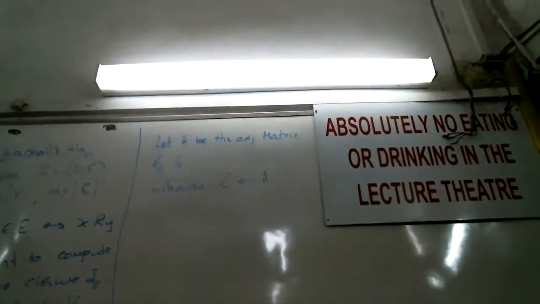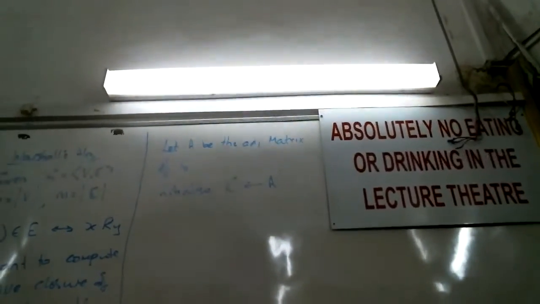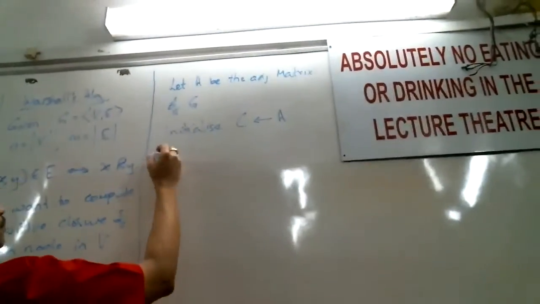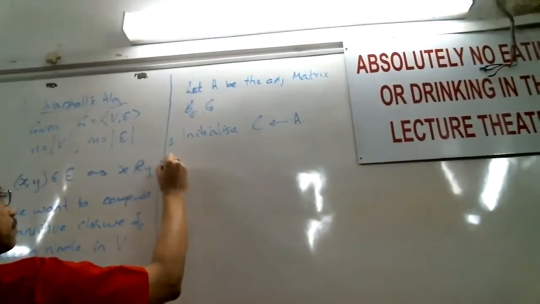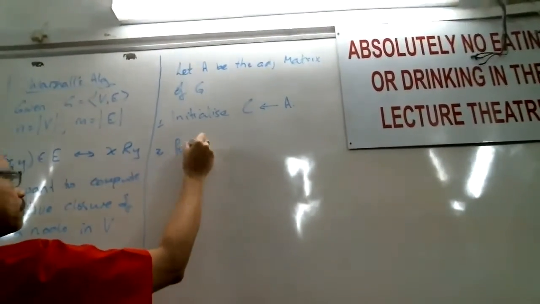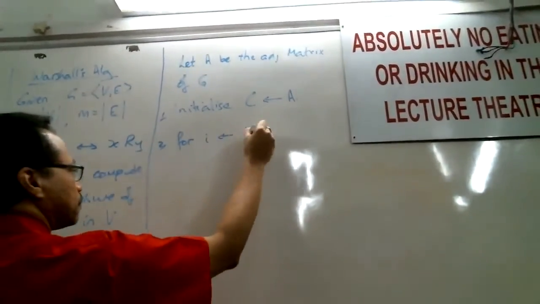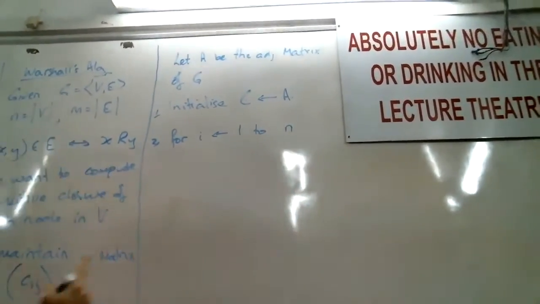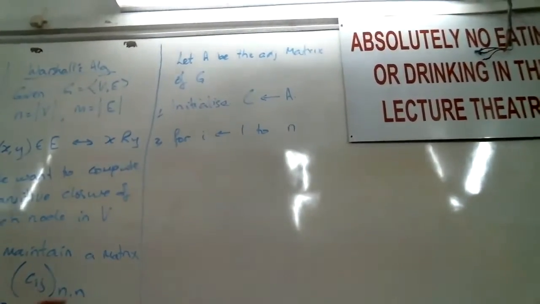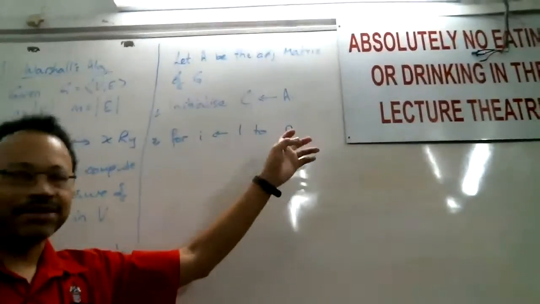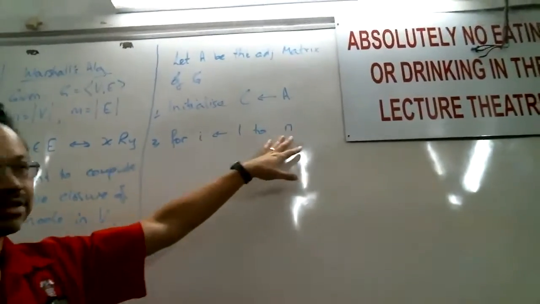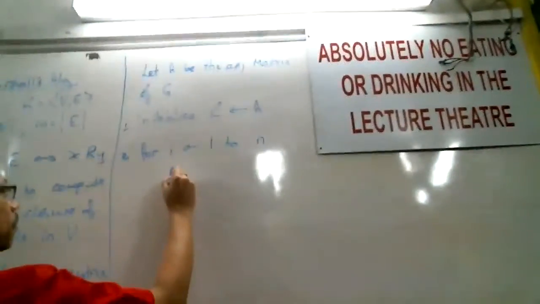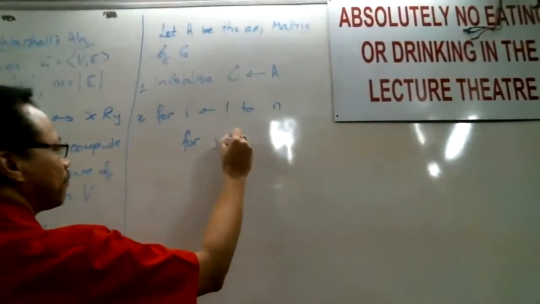We simply set up a loop, for each entry of C, of course, this is not real code because I'm indexing from 1 to n. If this were Python, I'd be going from 0 to n minus 1. This is more pseudocode, but it's easy to transform this.